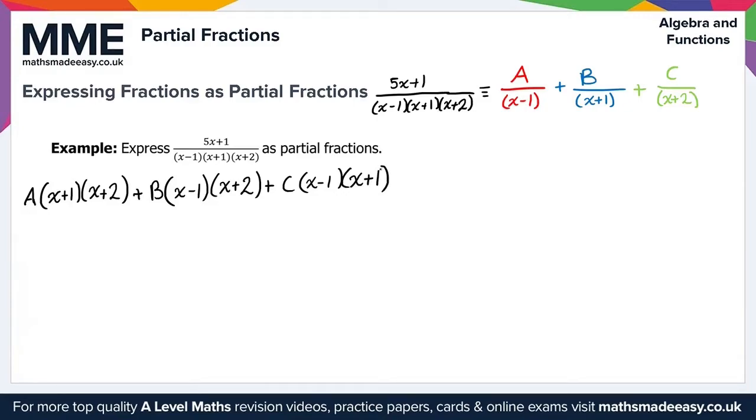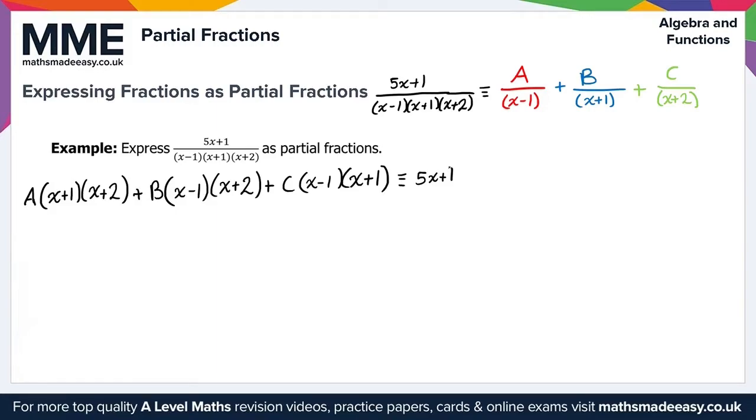Now as we've acquired this over a common denominator, which is x minus 1 times by x plus 1 times by x plus 2, the numerator for this right hand side will simply be equal to the numerator of the left hand side. So this is going to be equal now to 5x plus 1.